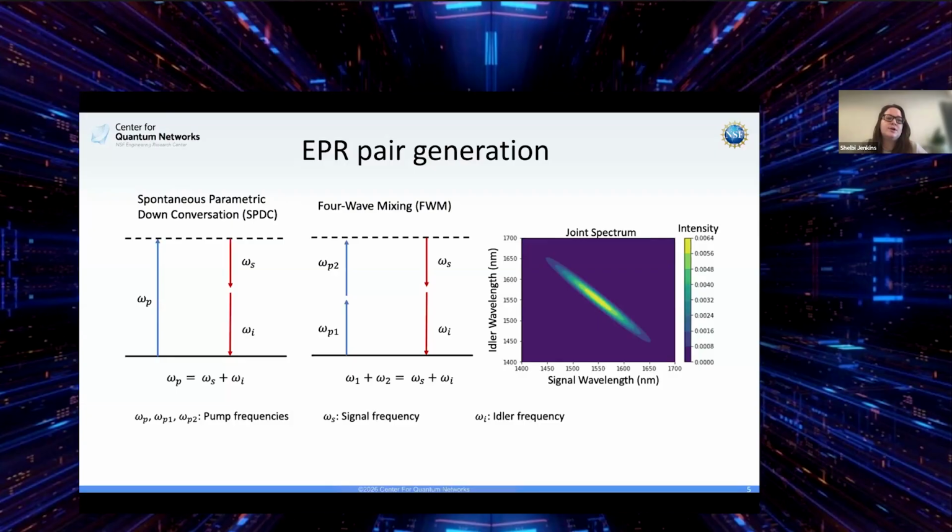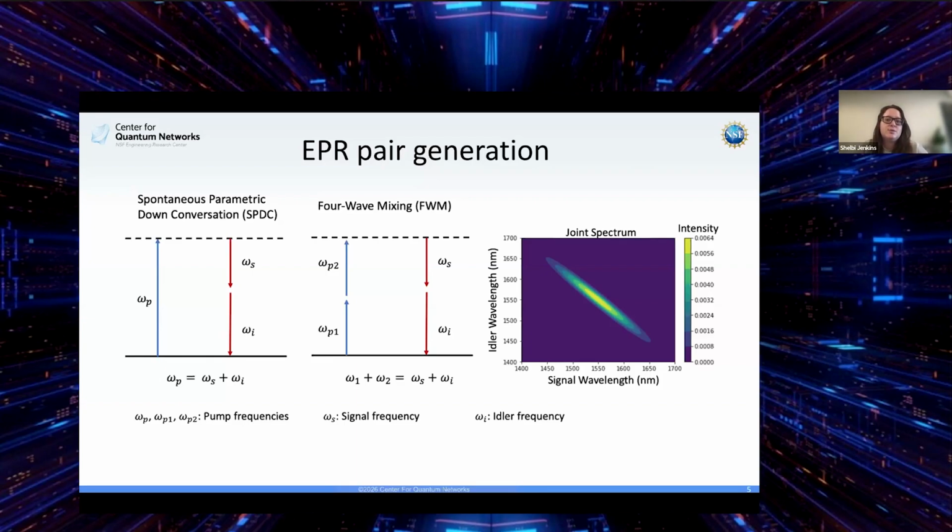So for SPDC, we have an incoming pump signal of a certain wavelength or frequency, typically in the visible, and then it interacts with this nonlinear crystal. It can be a lot of different types of crystals depending on what kind of output you want and what kind of wavelengths you want to work with.